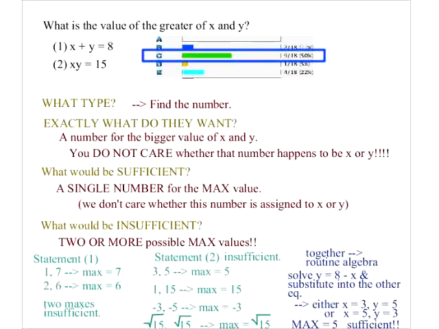Any questions about this problem? I see one person typing in the text box. What does that equation have to do with this problem? Okay, I know that's interesting.